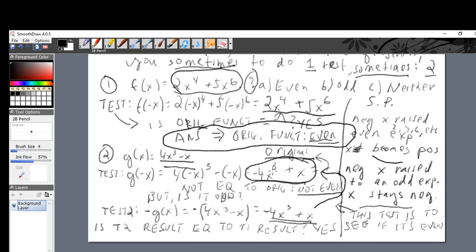Test 2, which is this, and test 1, which is this, are the same. Therefore, the original function is odd. That is the final answer. The answer for problem number 2 is odd.